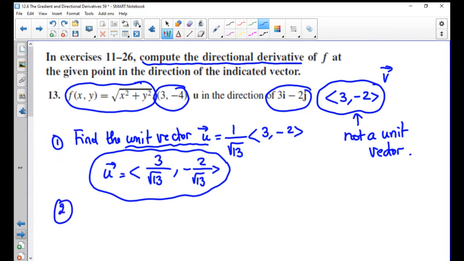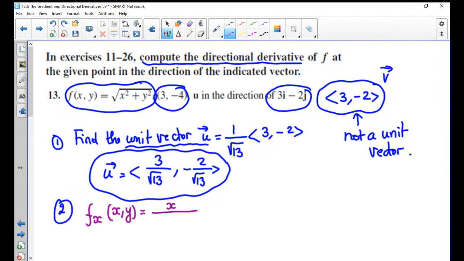Now, once we have the unit vector, what do we need to find now? Thank you, Nora. Yes, we need to find fx and fy. So fx at the point (x, y) in general, you can differentiate that, and I will give you the answer.